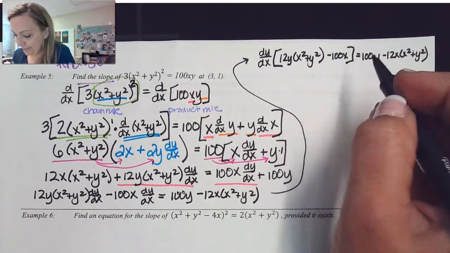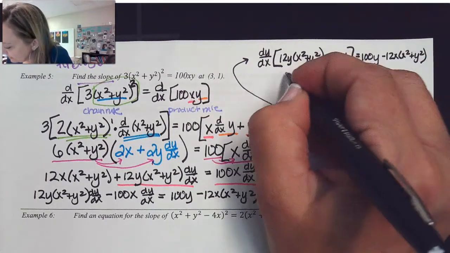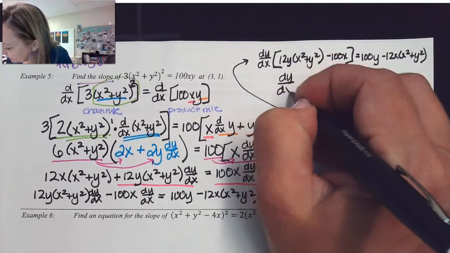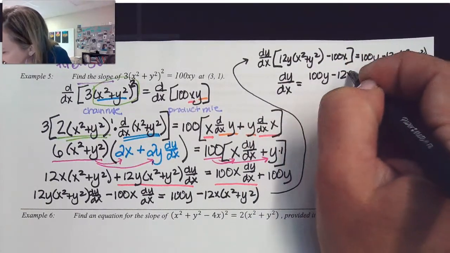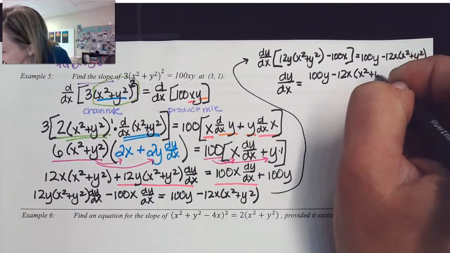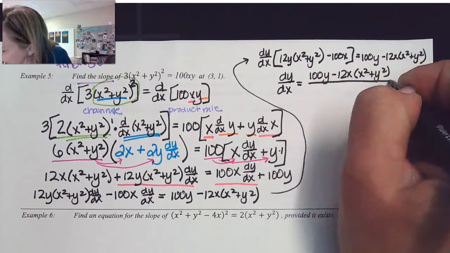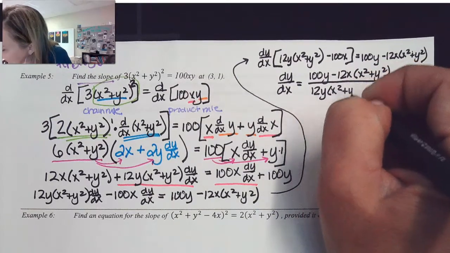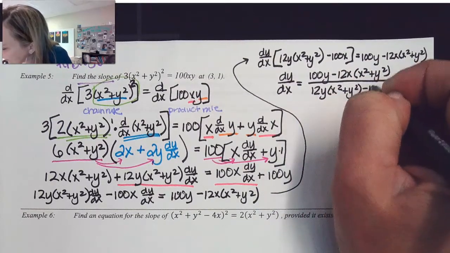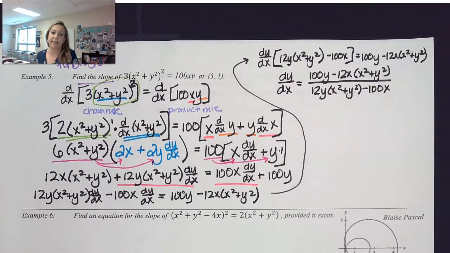So then dividing, I have dy/dx equals 100y minus 12x times (x squared plus y squared) all over 12y times (x squared plus y squared) minus 100x. It's really cute, isn't it?